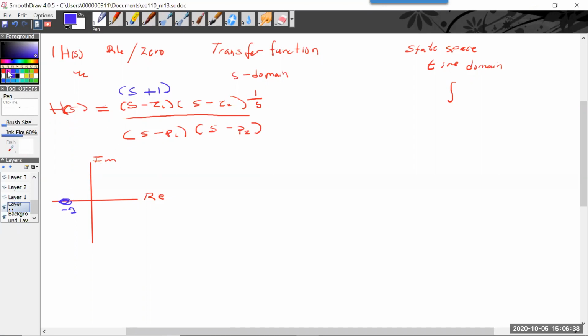Same thing goes for the poles. If I had a pole of, we'll call it, -1/2, marked with an x, in equation format we would have it like that, because it is what makes the denominator go to 0, which makes the transfer function go to infinity.